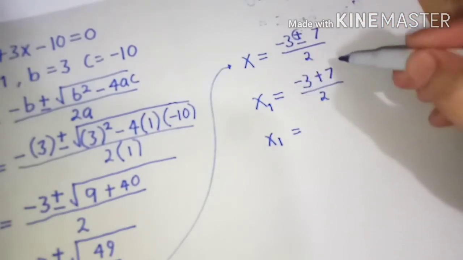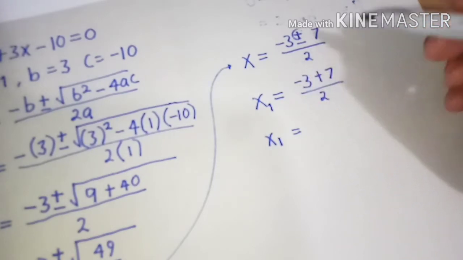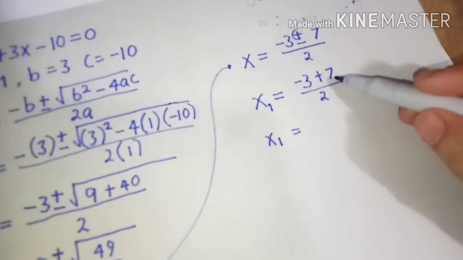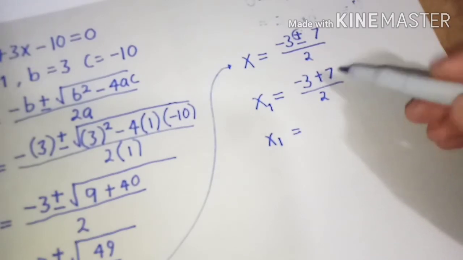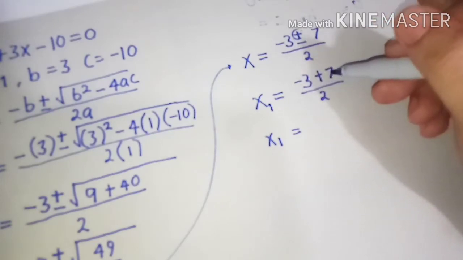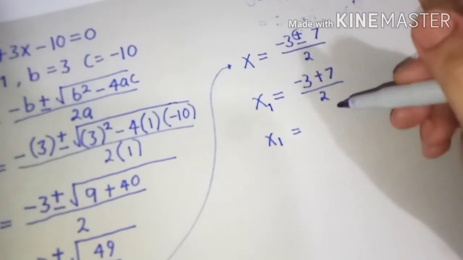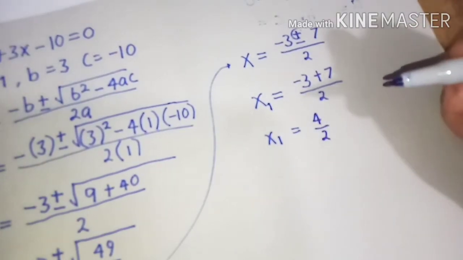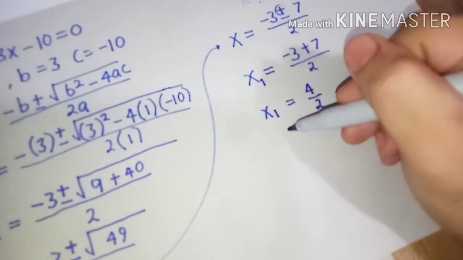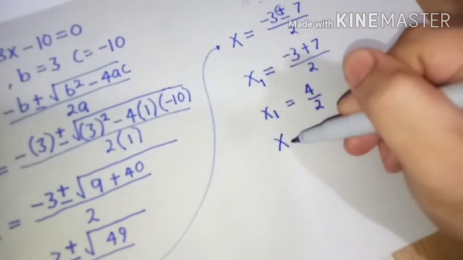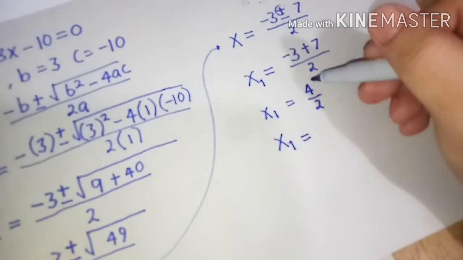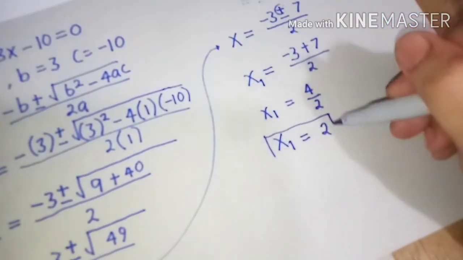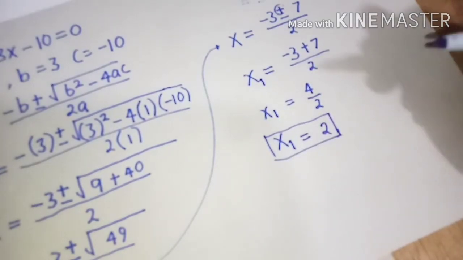Since the rule in integers or signed numbers, if addition, we get the difference. Then observe the bigger number. Whatever the bigger number, we need to prefix its sign. So we need to get the difference here. 7 minus 3 equals positive 4, then divided by 2. And then after that, we need to get the quotient. So we have here x sub 1 equals 4 divided by 2 equals 2. So therefore, the value of our x sub 1 is positive 2.